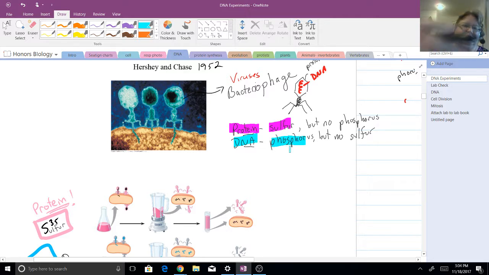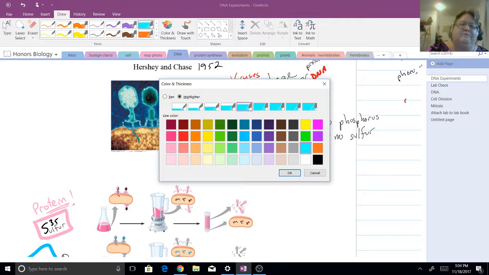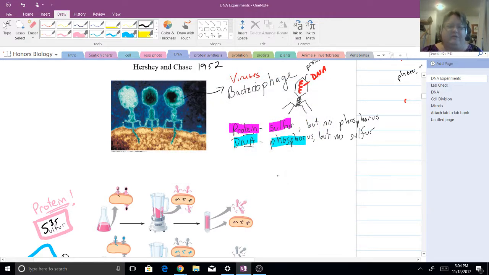So just as an environmental scientist might look at grizzly bears, and we're going to tag them with a radio collar and follow them. Well, we're going to use these isotopes that allow us to track, and these isotopes are just a little different.